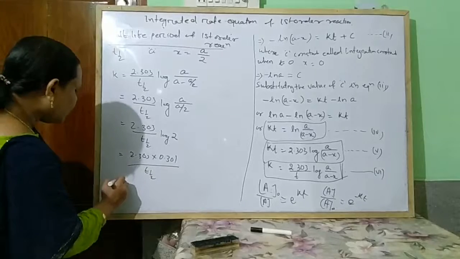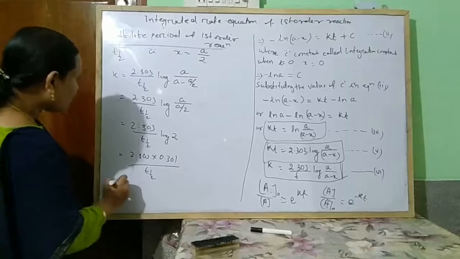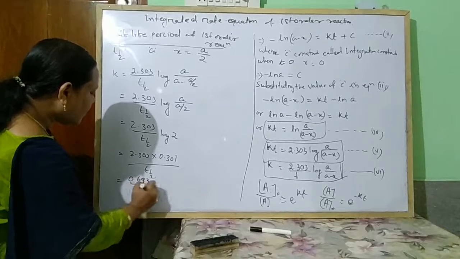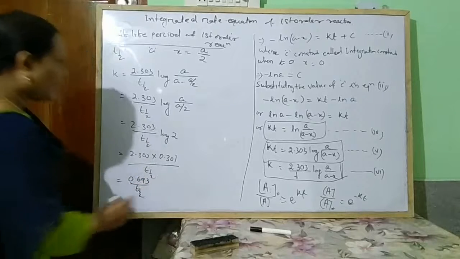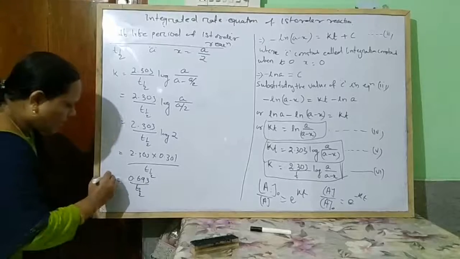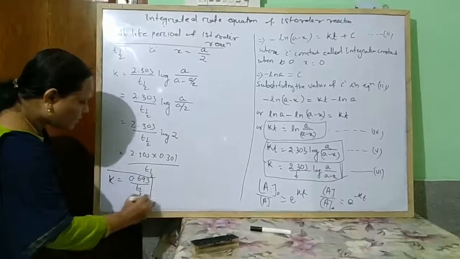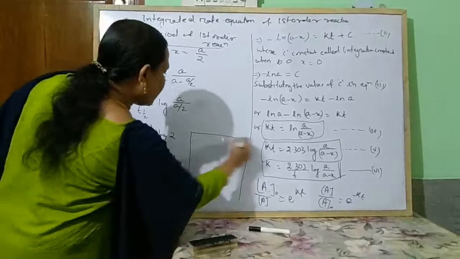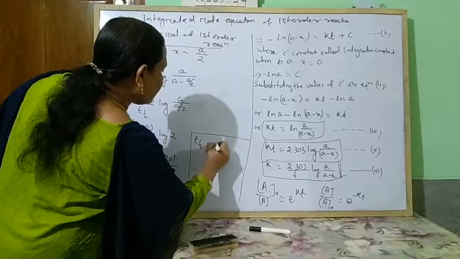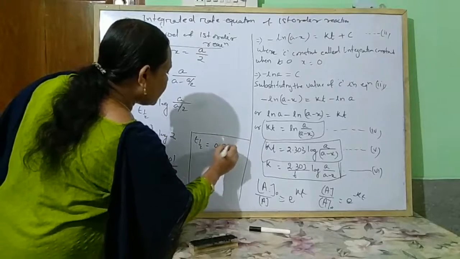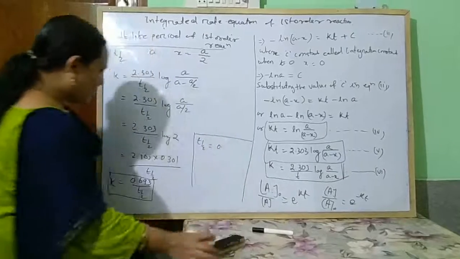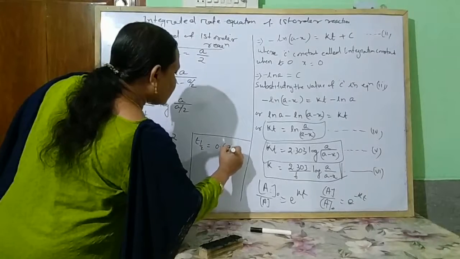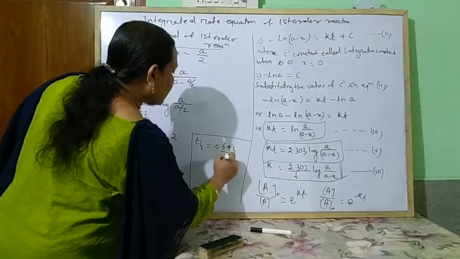When we multiply these two, we get 0.693 by t half. So k equals 0.693 by t half, or we can write t half equal to 0.693 by k.